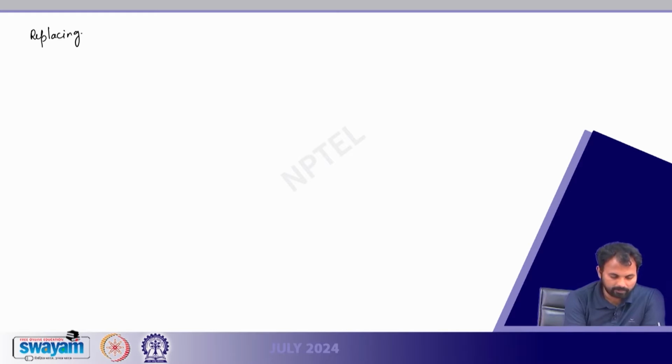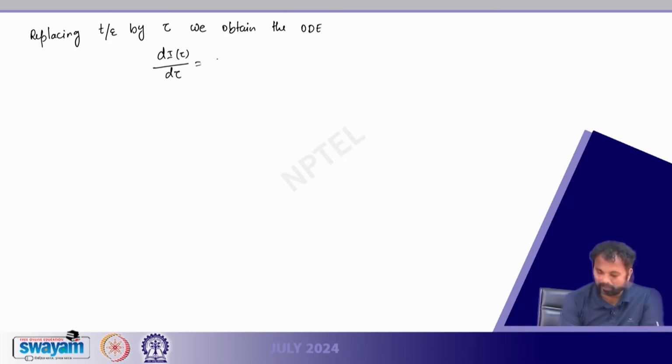Replacing t by epsilon by tau, we obtain the ODE, di tau by d tau equals to i tau plus cos of tau by epsilon. Let us call it equation number 1.